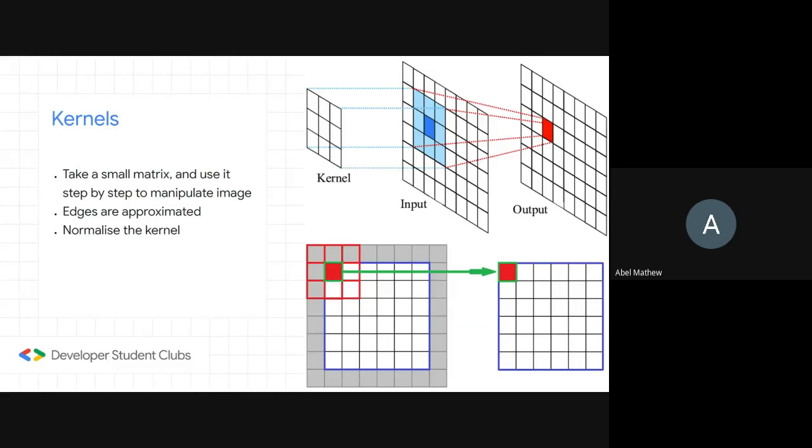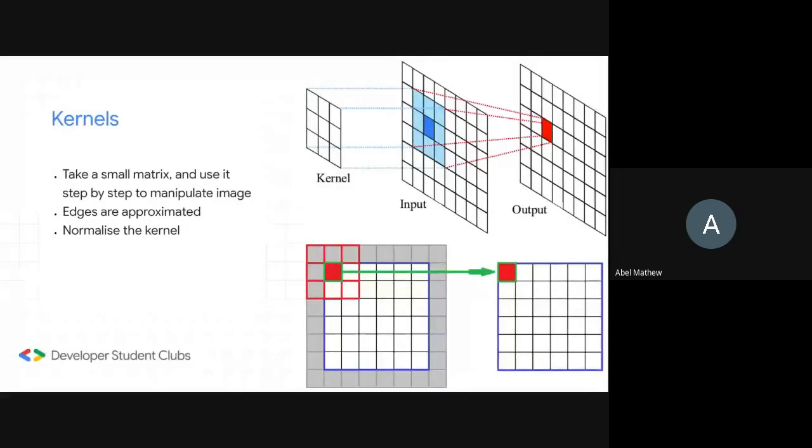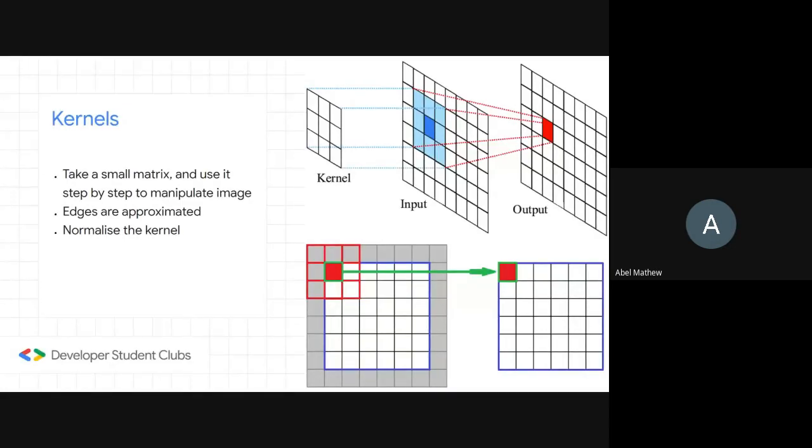There's a blue pixel that is highlighted in the input image. And we take a section of the input image which is nearby to it, of the same size as the kernel. So both are now matrices of the same size. It's 3 cross 3, 5 cross 5, n cross n.